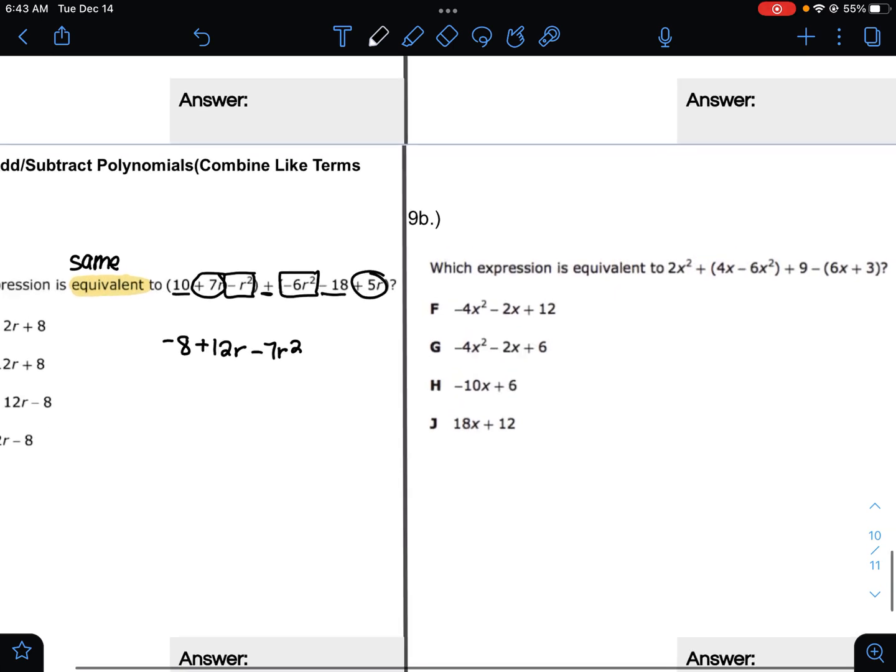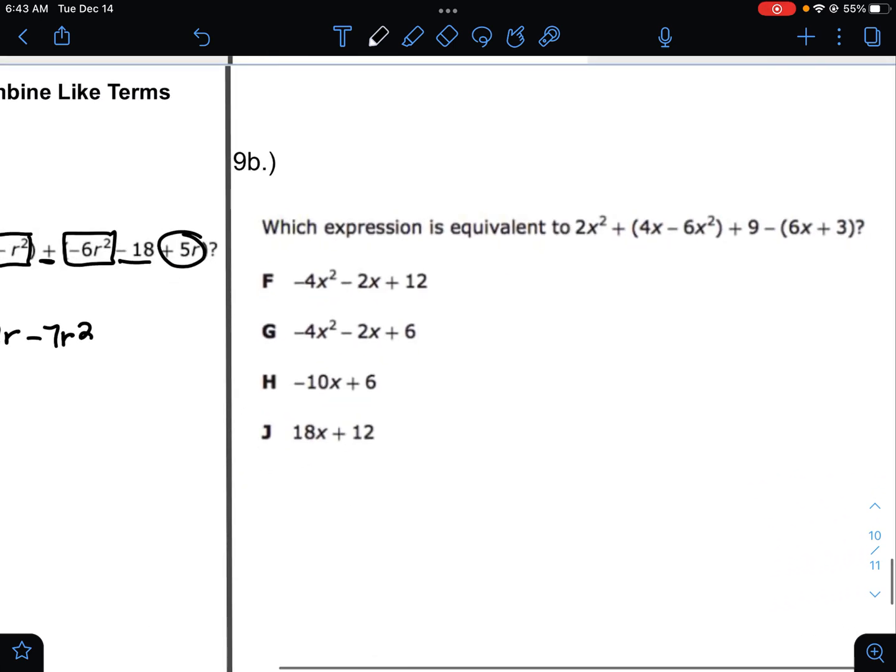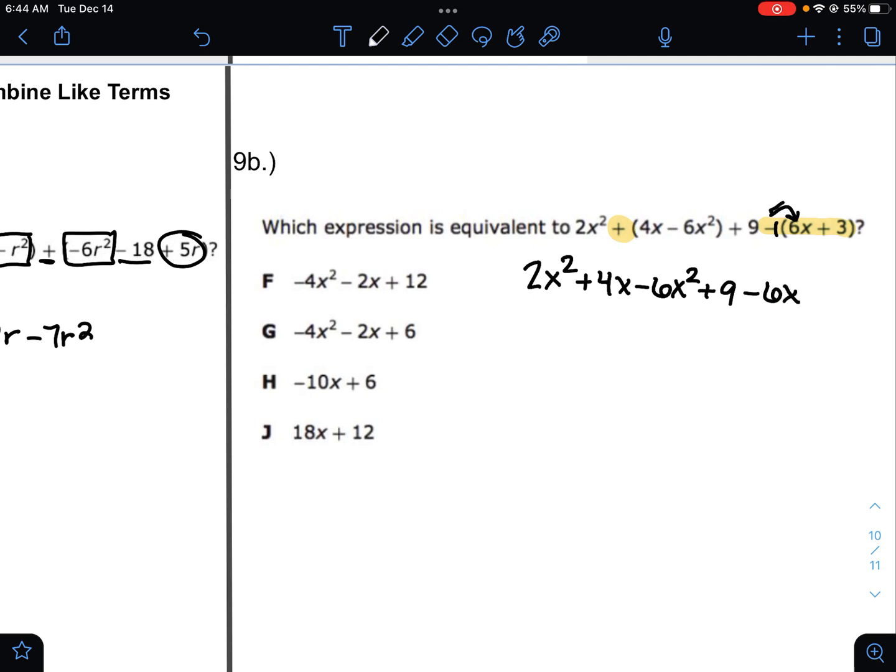Okay, looking at 9B. First thing I see is that it says it's equivalent, but I need to distribute this negative here. This positive is not going to change anything there, so I can drop those parentheses. So I get 2x squared plus 4x minus 6x squared plus 9. I have to distribute negative 1, which makes it negative 6x, and then negative 1 again, which makes it negative 3.